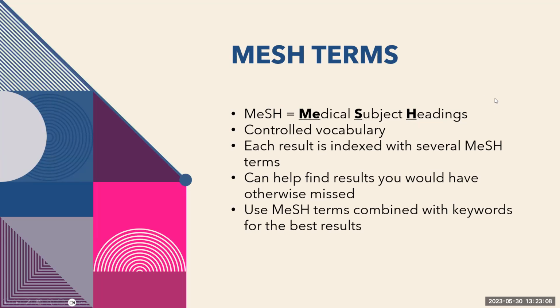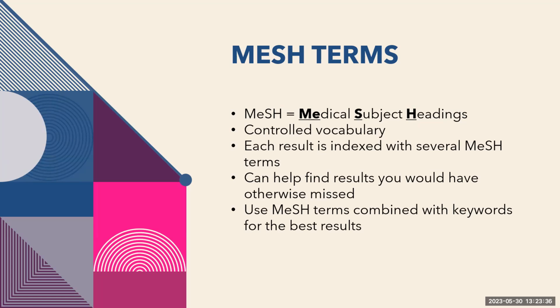So MeSH stands for Medical Subject Headings. It is a controlled vocabulary, which is library jargon for a very specific list of terms that has been decided upon in a certain field. So you can think of these like tags that are applied to the citations in PubMed.